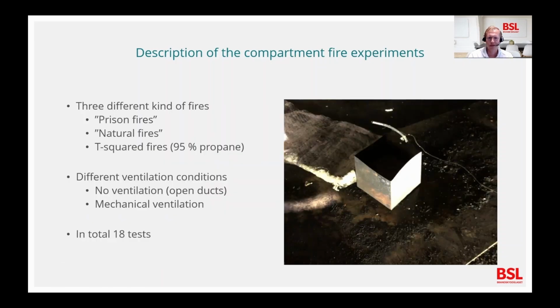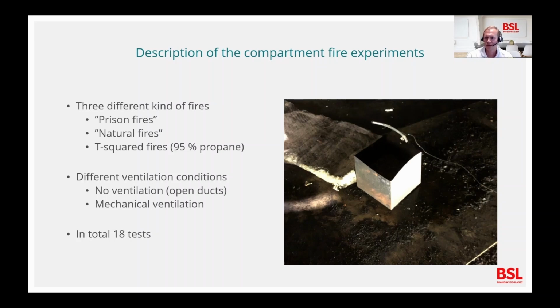In the experiments, 3 different kinds of fires were used, called prism fires, natural fires, and T-squared fires. They also did tests with different ventilation conditions, varied from open ducts to cases with mechanical ventilation. In total, 18 tests were conducted.